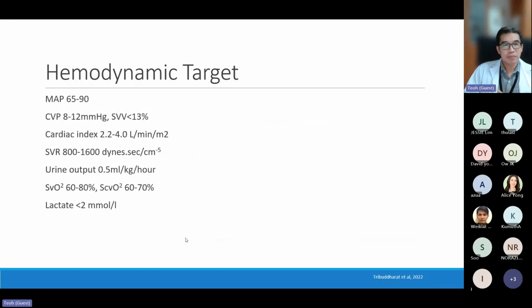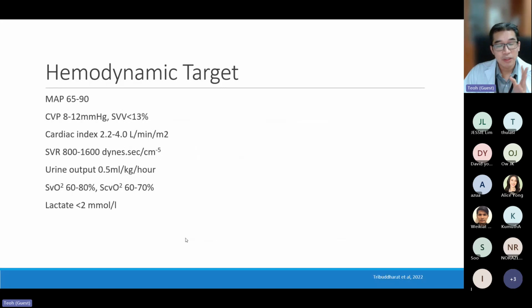So when using this advanced hemodynamic monitoring, you have to have your own target, what you want to achieve for the patients. For example, I always like to keep the mean arterial pressure of the patient. I'm no longer looking at systolic and diastolic. The only number I'm looking at for the blood pressure is the mean arterial pressure.